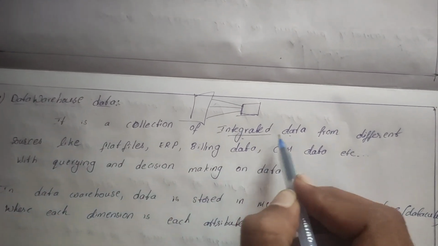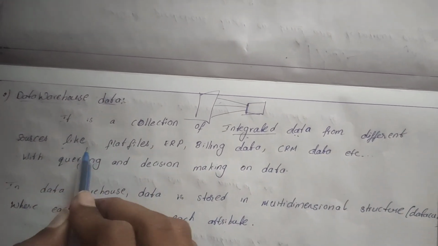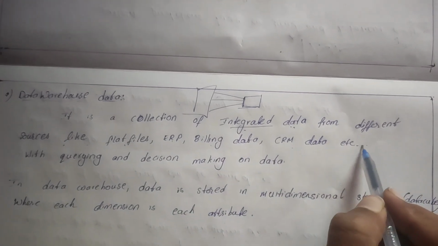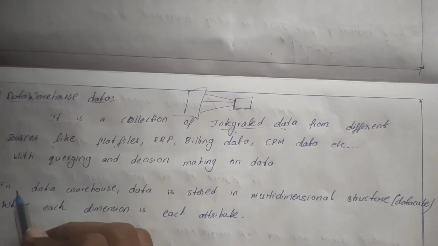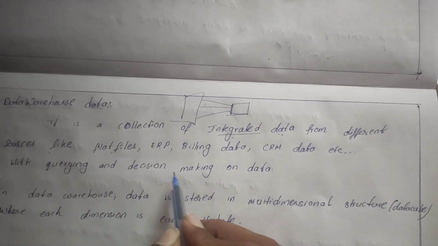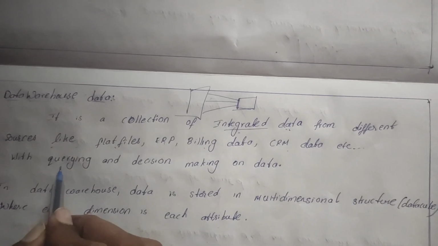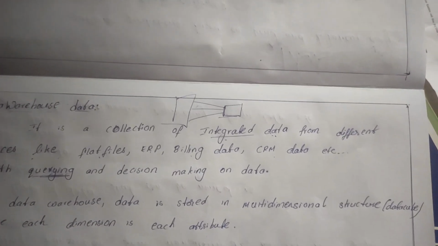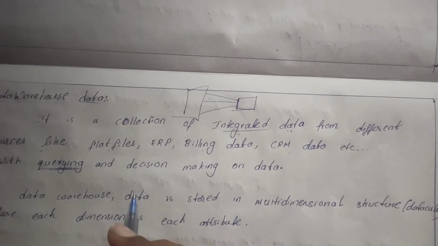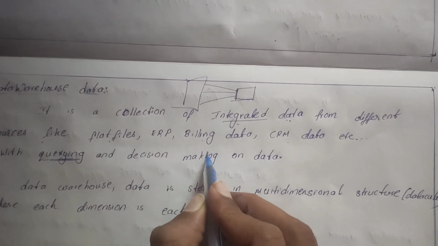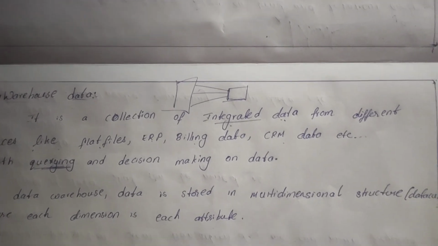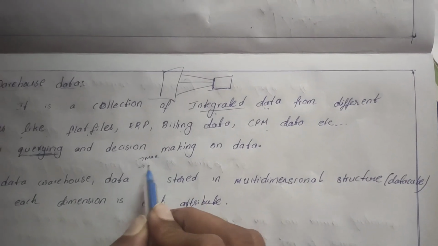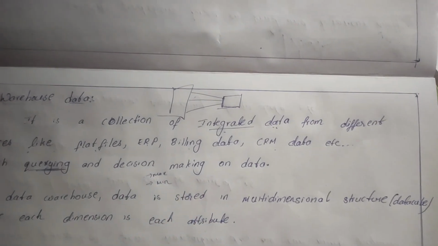It is a collection of integrated data from different sources like flat files, ERP, billing data, CRM data, etc., for querying and decision making on data. Querying means modification, deletion, creation. Decision making is, for example, finding the maximum and minimum price of a product.